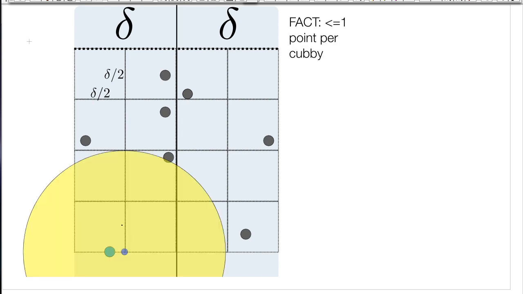Take a look at this bottommost cubby, and imagine putting a circle of radius delta right here at these four corners of this cubby. We know that our Juliet has to be covered by a yellow box. And so if we just draw all four of these, this gives us a list of boxes that we have to look at for Juliet.